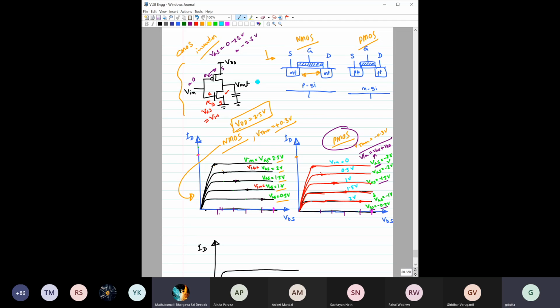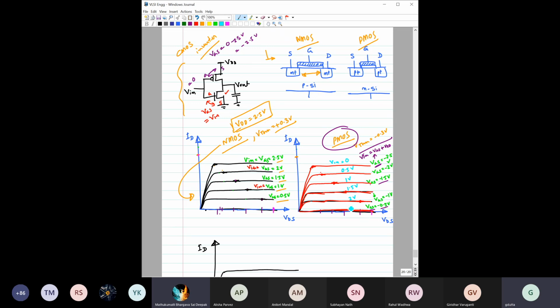So for your understanding, I will draw one more line. What will happen when this V in is equal to 2.5 for PMOS? It will be in cutoff. So you will get like this. Let us write that as well.